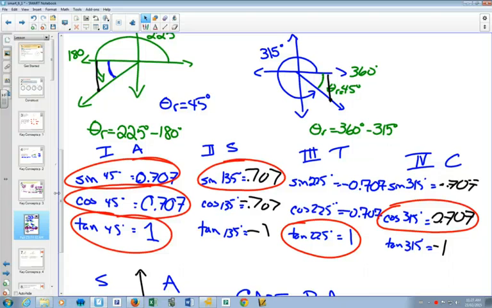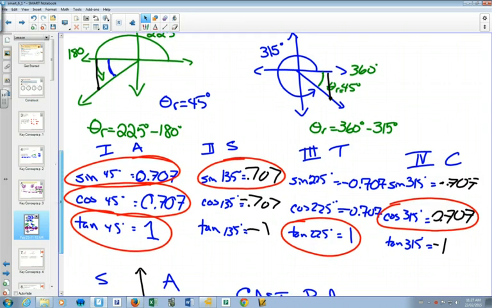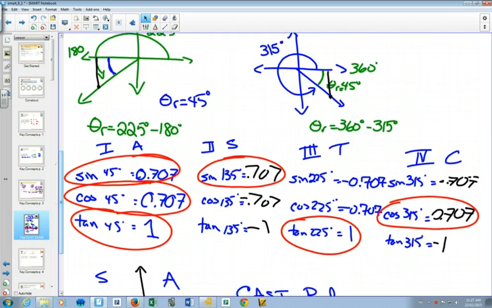And you now also know anything beyond that. So if I would take an angle that was, say, for example, 495 degrees. 495 degrees ends in quadrant 2. It's coterminal with 135 degrees. It has a reference angle of 45 degrees.